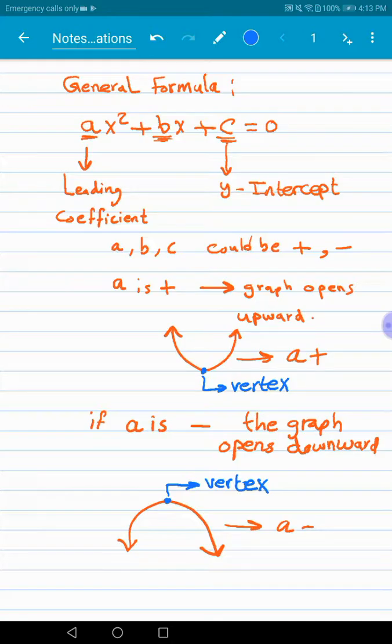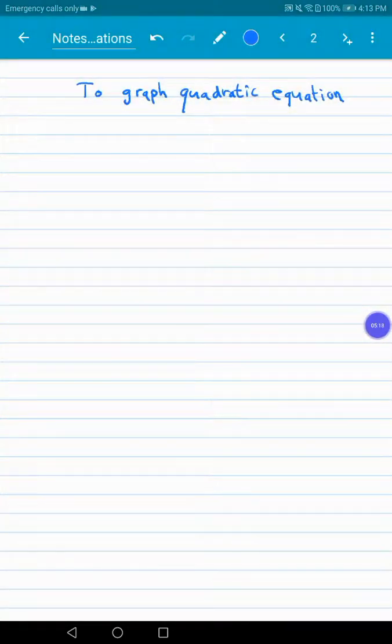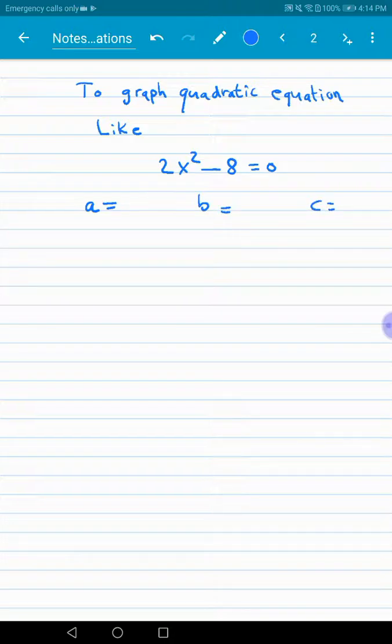How do we graph a quadratic equation given its formula? To graph a quadratic equation like 2x squared minus 8 equals 0, we first identify the values of A, B, and C. The A is the number before x squared, the leading coefficient.